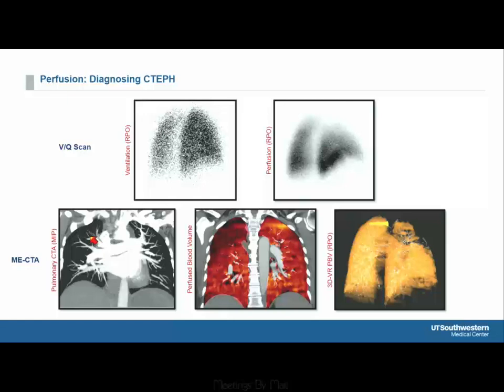So very subtle findings of decreased caliber of the vessels and paucity of vessels in the right upper lobe in comparison with the left upper lobe. But there's more conspicuity on the perfused blood volume images where we have deficits in perfusion in those corresponding segments, which is also nicely shown on the 3D images.